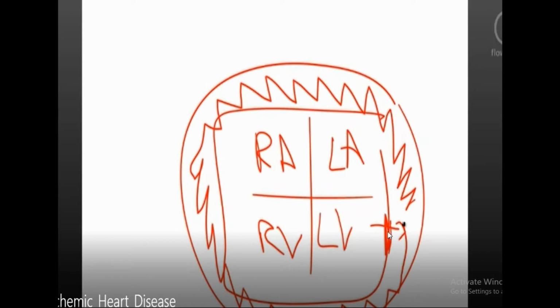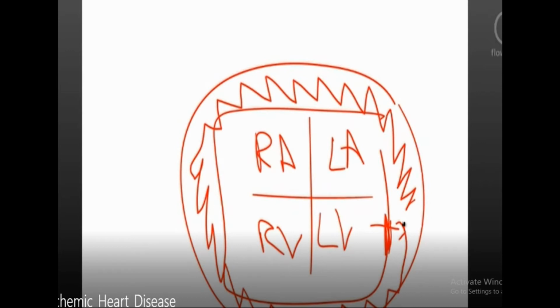When the free wall of the left ventricle is ruptured, blood leaks out from the ventricle into the pericardium, and the blood accumulates between the pericardium and the heart. This condition is known as cardiac tamponade.